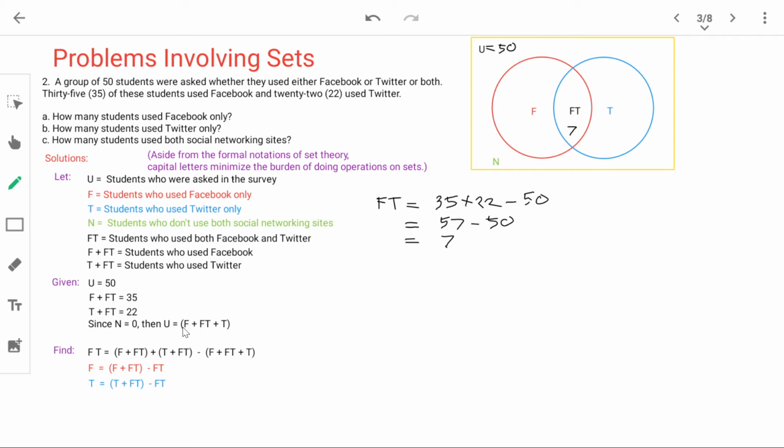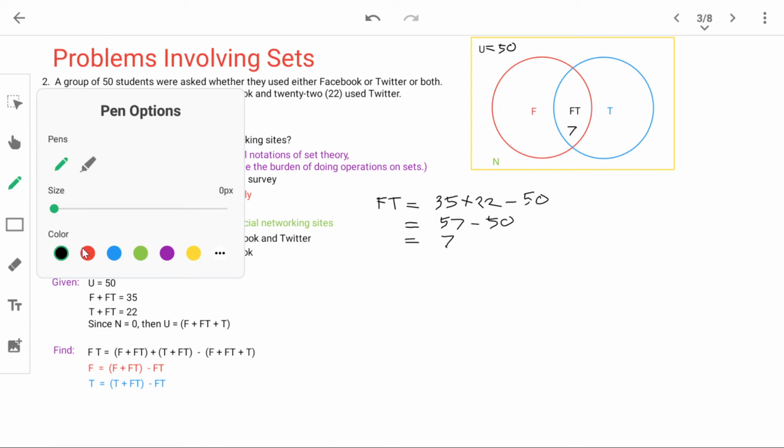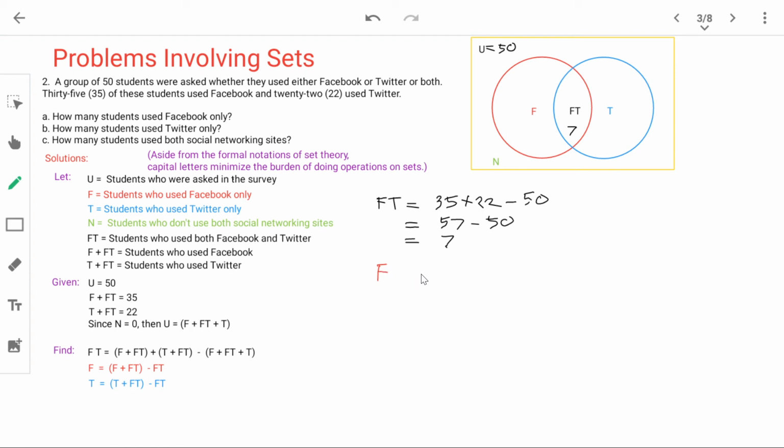Now let's proceed to the second equation. F is equal to F plus FT minus FT. In this equation, we are looking for the F, and that F goes to question A. How many students use Facebook only? Going to the equation, F plus FT, we have there 35.